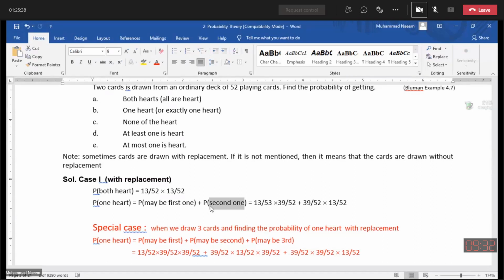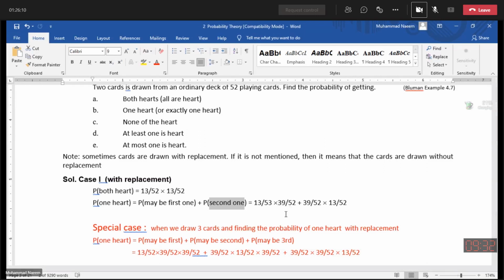So whatever the situation, we are drawing two cards. In these two cards, one is heart. This may be the first one or the second one. When it is the first one, the probability is 13 by 52 for the first. For the second, from the other category, 39 by 52, because we have replaced our card before the next draw.